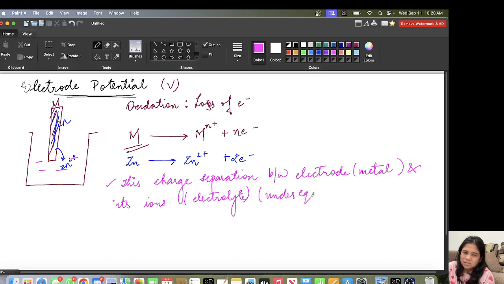Just remember this term, under equilibrium. We will study the equilibrium topic later on.